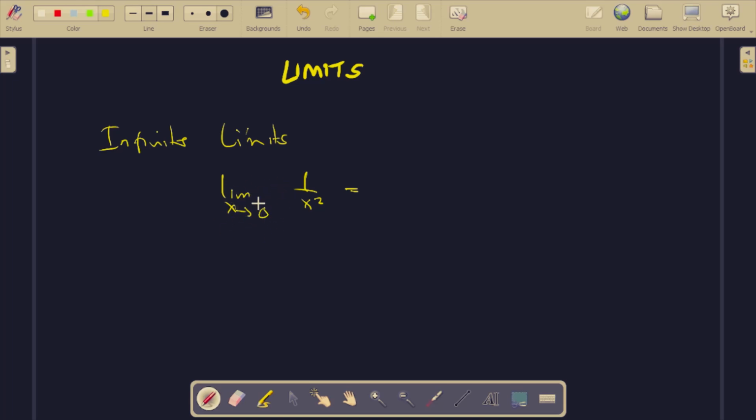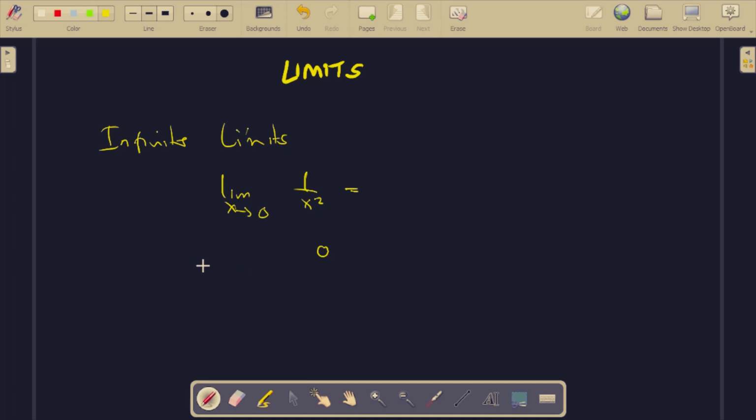Let's consider values of x that are close to this, that try to approach this 0. For example, if you say 1 is close to 0, you can also take 0.5, 0.8, all those values. So what is going to happen as I try to approach my 0 on the left side?